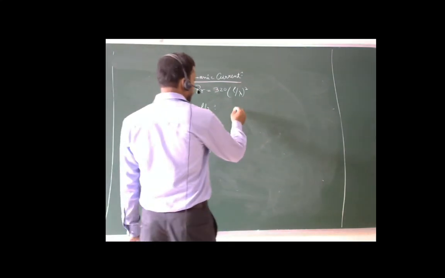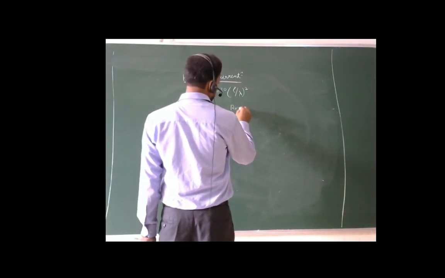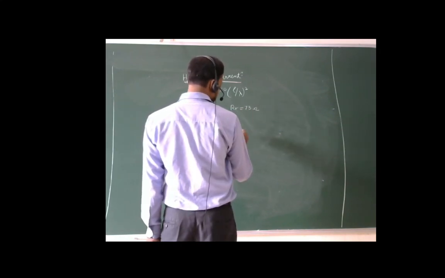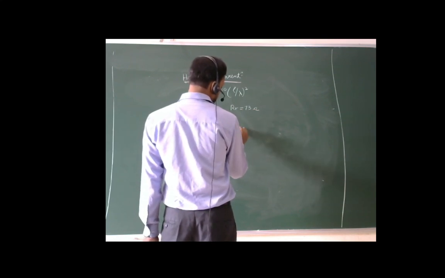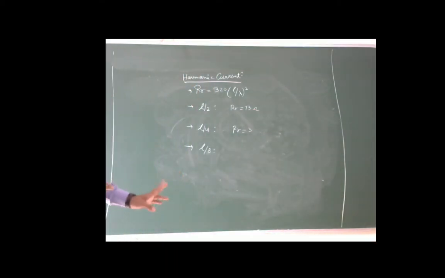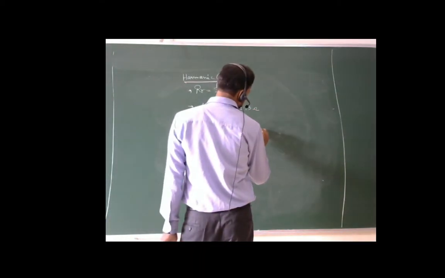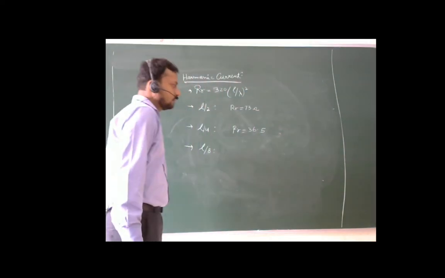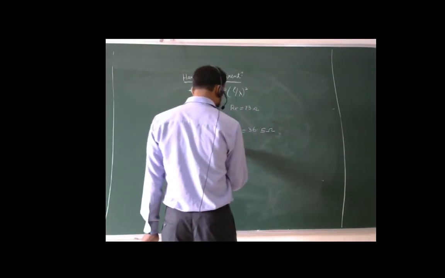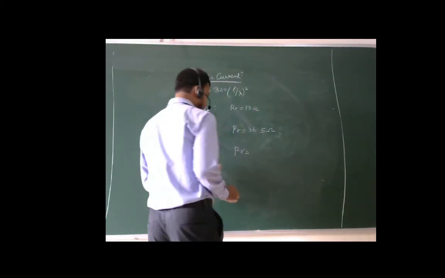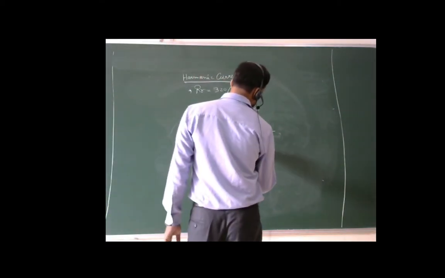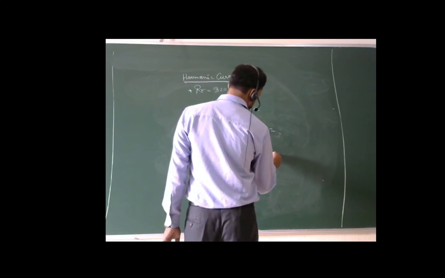So the practical value of RR is 73 ohm, and for the next case you have RR around 36.5, and again for this, half of this value, so you will definitely get 18.25 ohms.